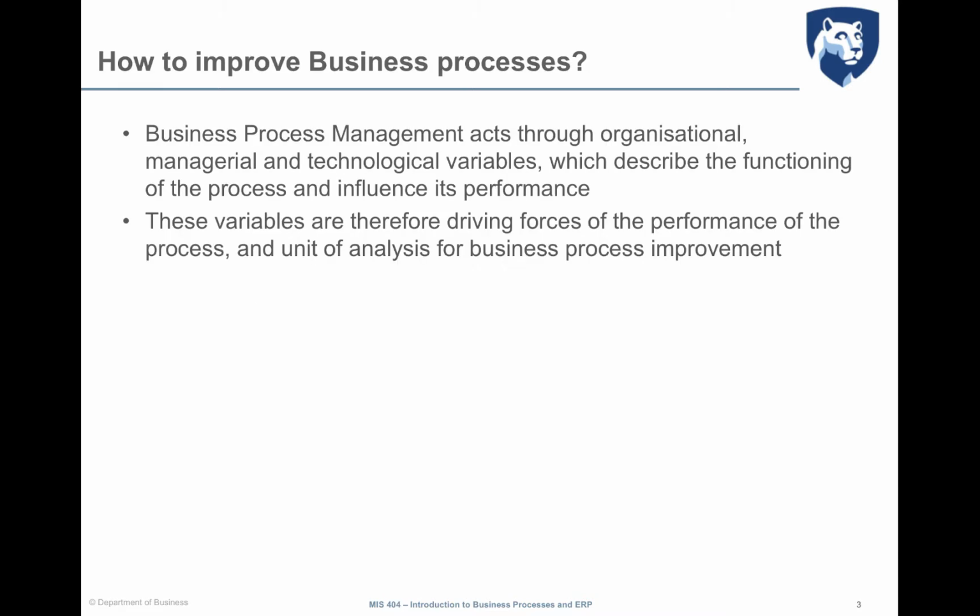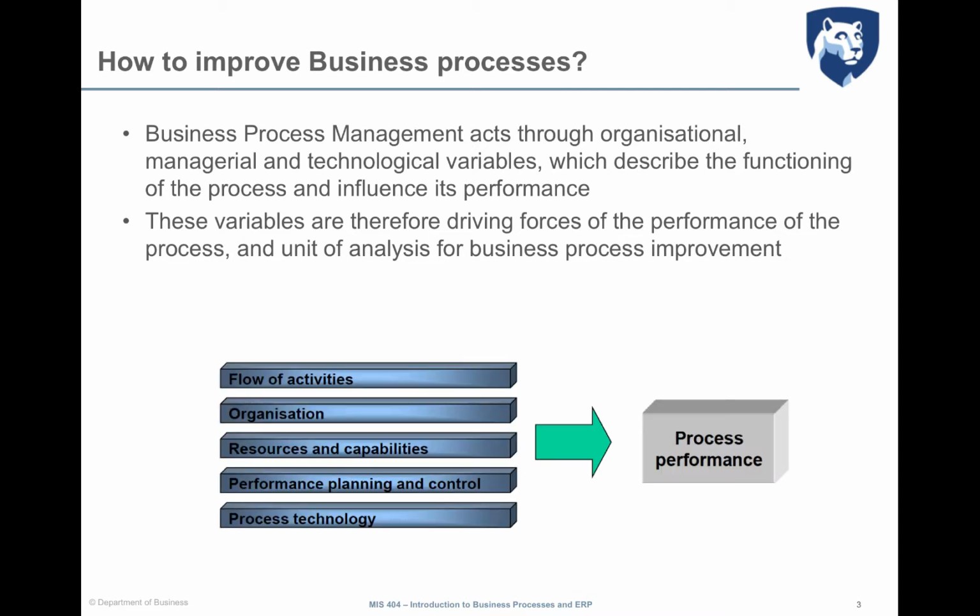As business process management acts through organizational, managerial, and technological variables which describe the functioning of the process and influence its performance, in order to improve this performance, we need to work on those elements.